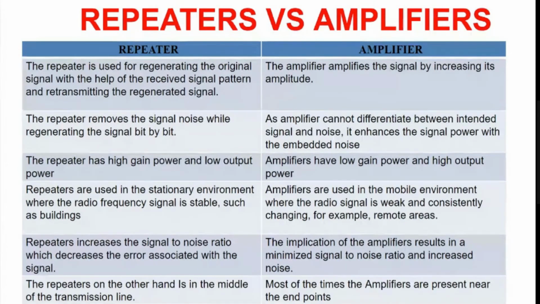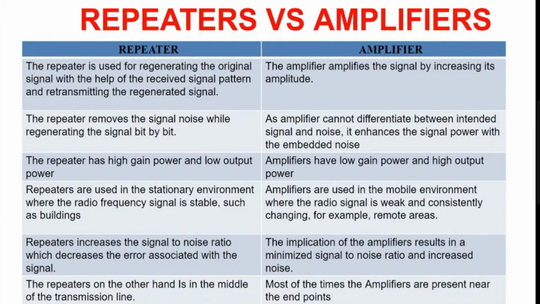Then the next one: repeaters increase the signal to noise ratio. It reduces the noise ratio and decreases the errors associated with the signal.